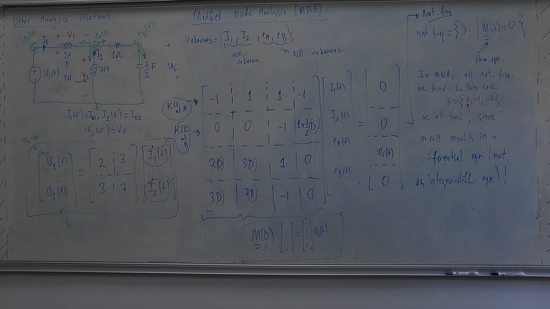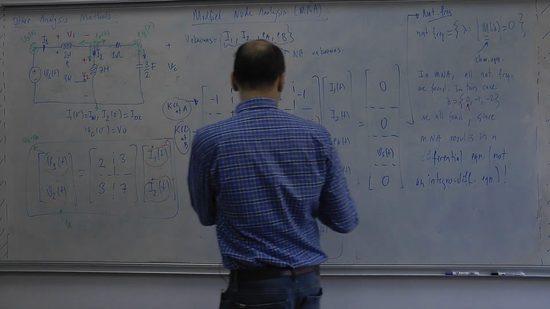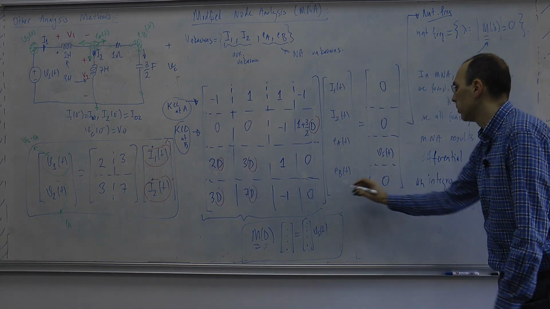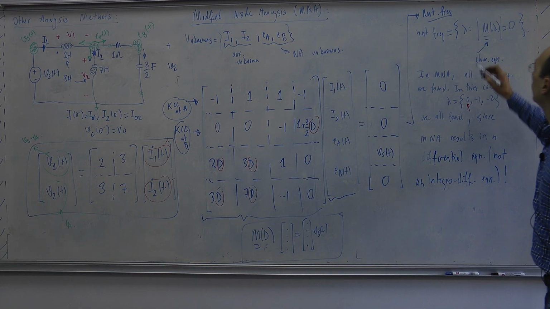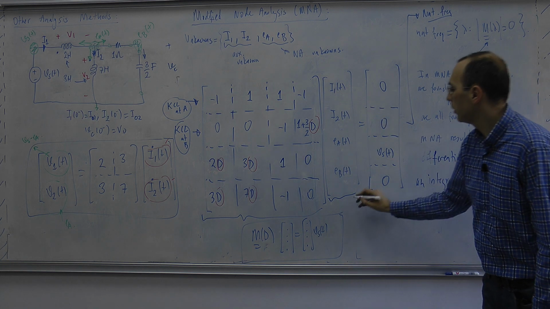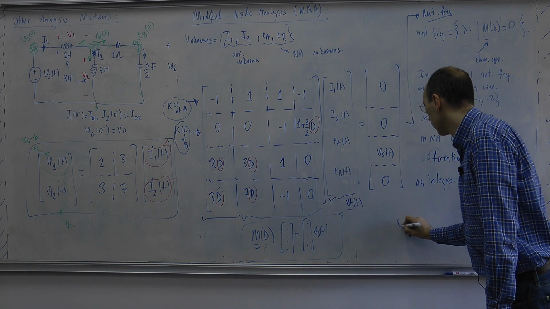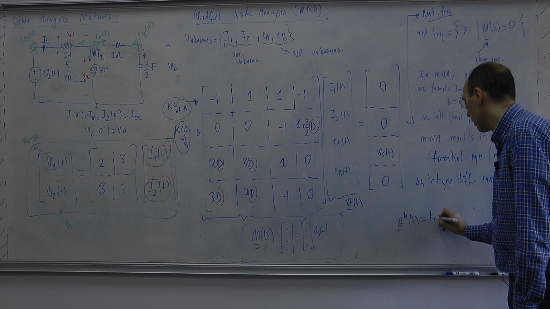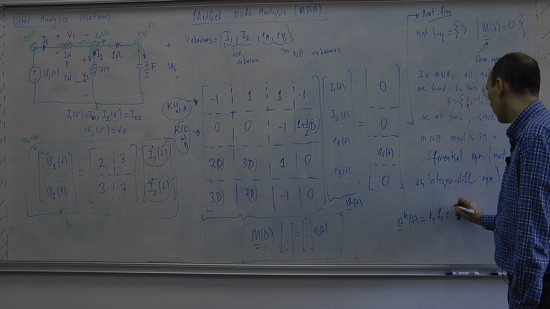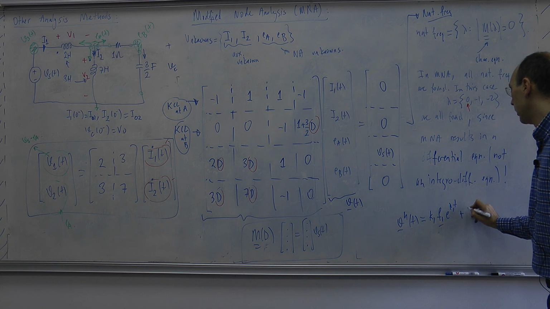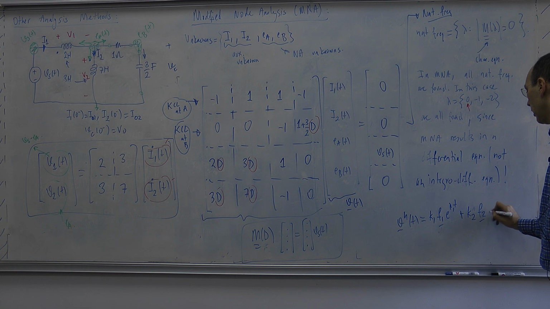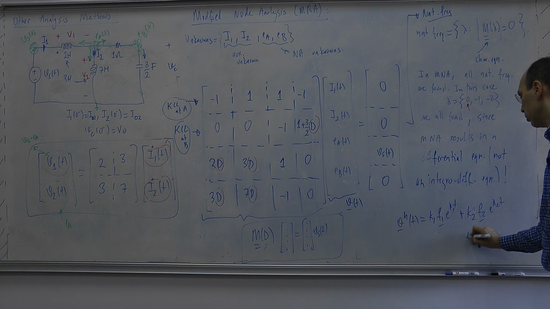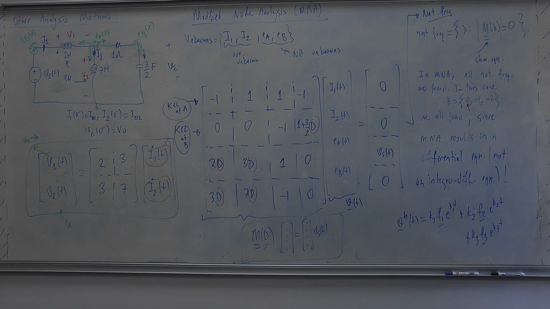Again, the general solution is always the same. You are looking for the vectors. For example, if this is my unknown vector, let me call this V. Vh of t is, well, let me write k1 f1 e to the lambda 1t plus k2 f2 e to the lambda 2t plus k3 f3 e to the lambda 3t.